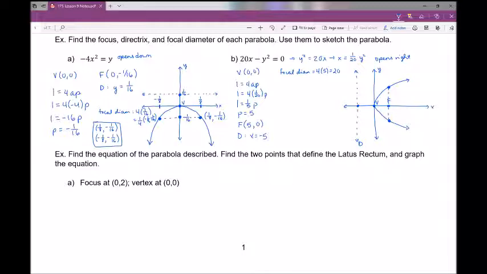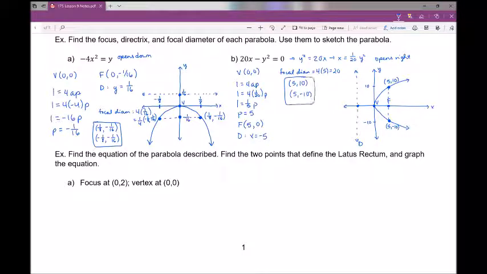So what's going to happen at the top point is we'll get a positive 10, at the bottom point we'll get a negative 10. Okay, and so the 2 points that define our focal diameter will be 5, 10 and 5, -10. Okay, so our 2 points again, 5, 10, 5, -10.